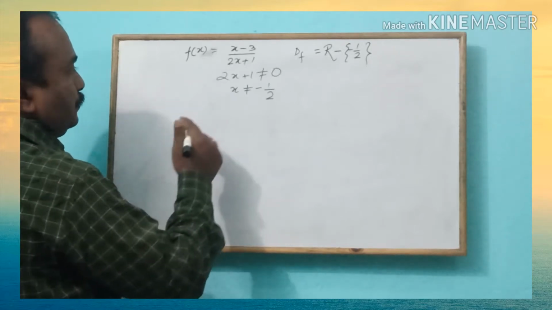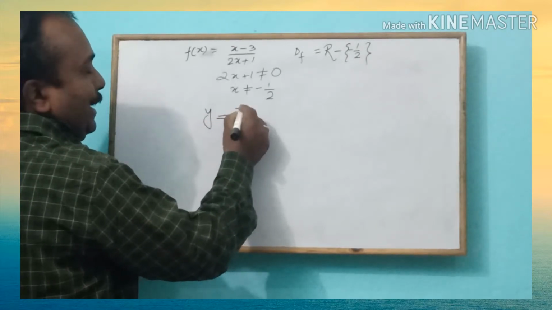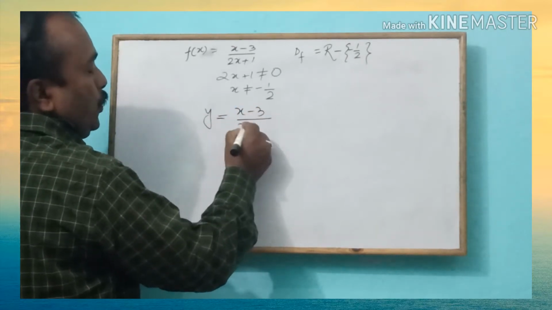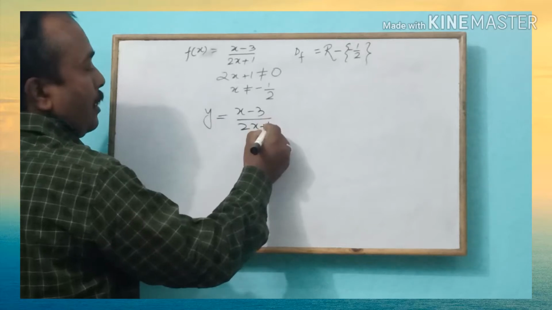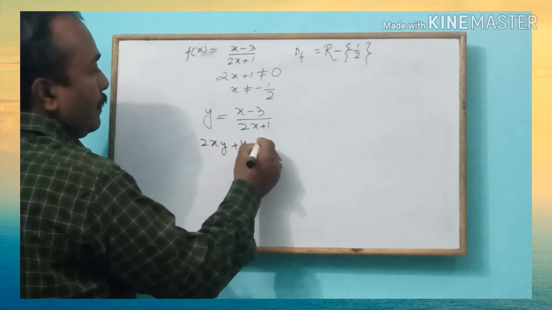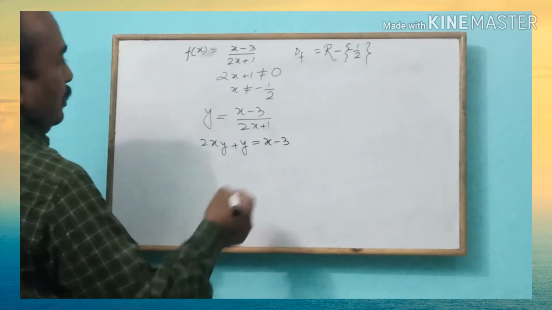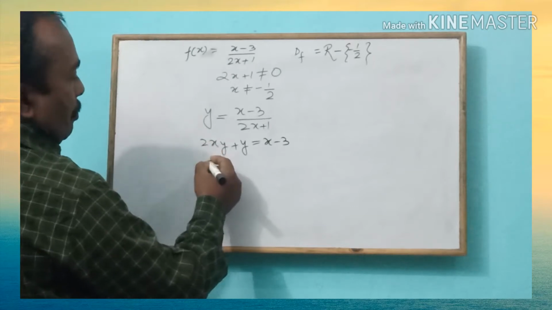Now what is the range? Let y = (x - 3)/(2x + 1), or 2xy + y = x - 3. We will make x the subject.